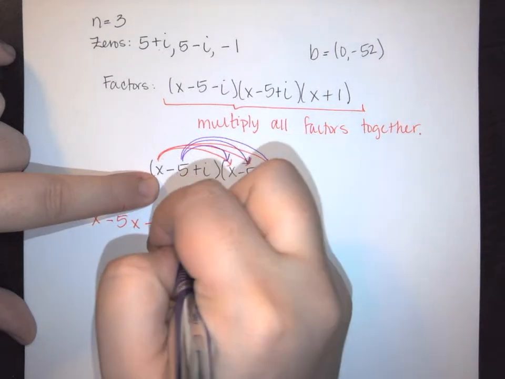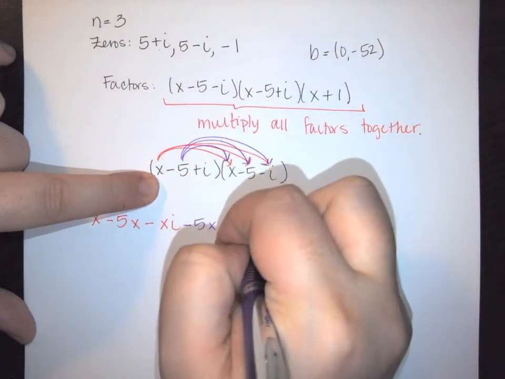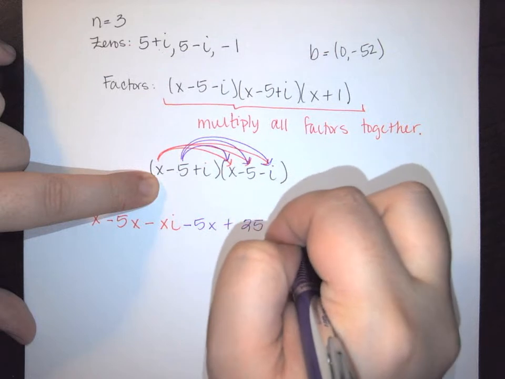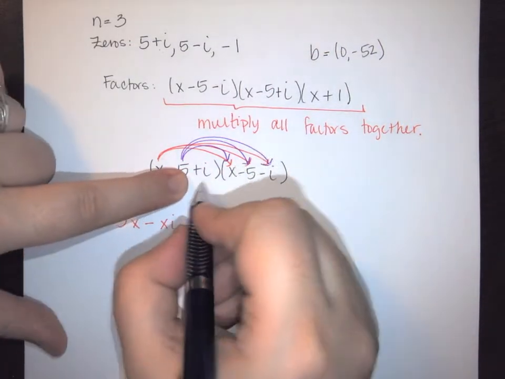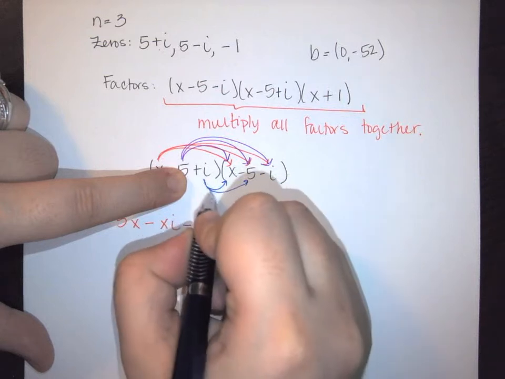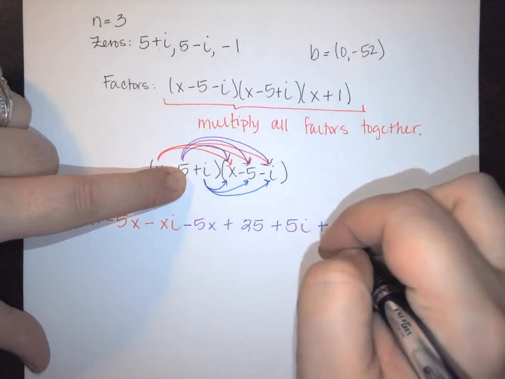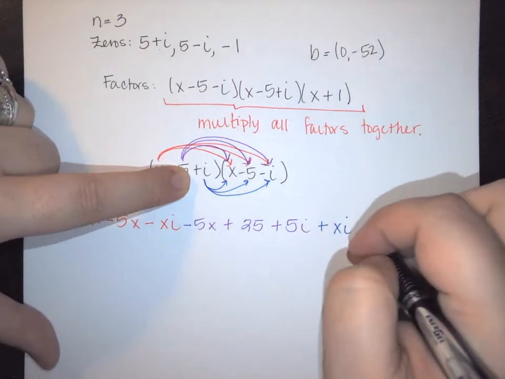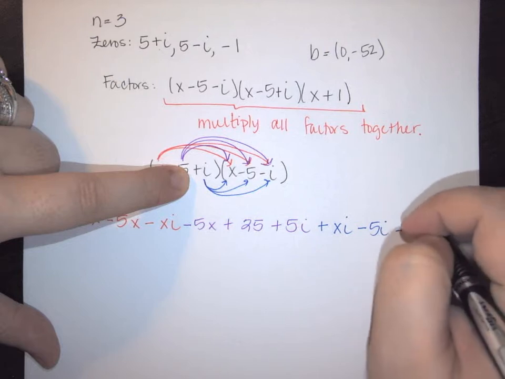So here this is going to be minus 5x plus 25 plus 5i. And then the last thing we're going to do is take the i. So we're going to take this in to all three pieces. So we're going to have plus xi minus 5i minus i squared.